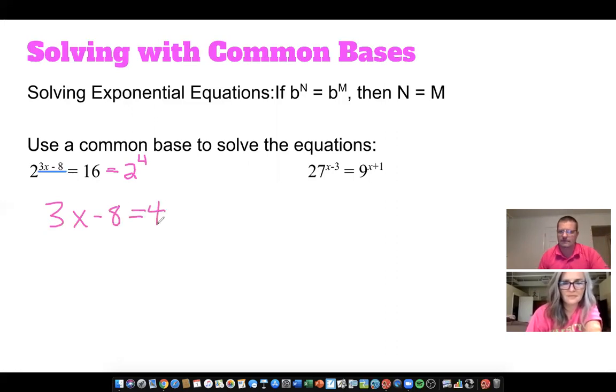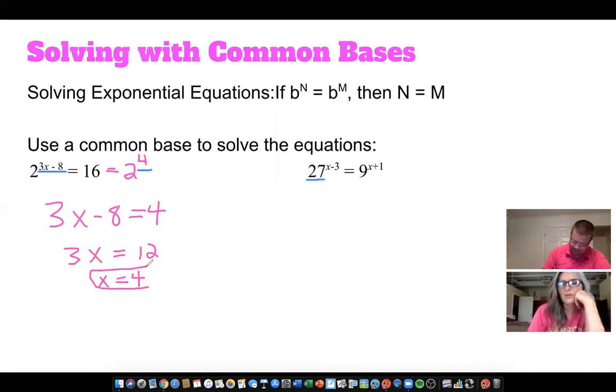So 3x equals 12. x equals 4. Lickety split. So that means by that logic, I should be able to write 9 as a power of 27, or 27 as a power of 9, or neither one of those work real nice for me.